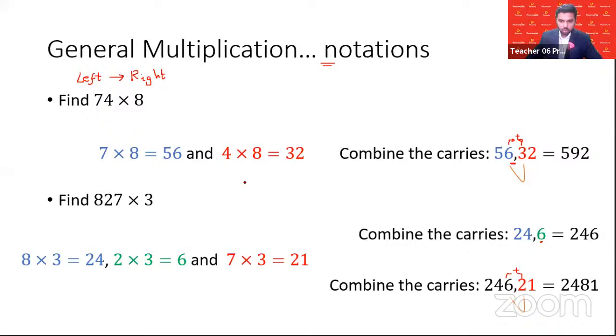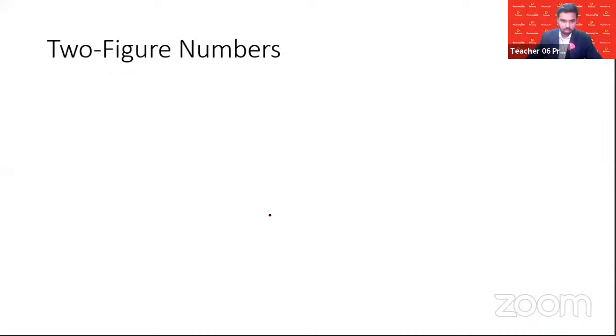So let us go to the next process, which is specifically to see 2-digit numbers or 2-figure numbers. We'll take up this example of 21 times 23. Now we know how to solve for 21 into 23 from yesterday's lecture. 21 is 1 more than the base of 20 and 23 is 3 more.